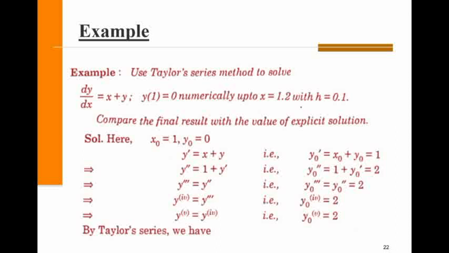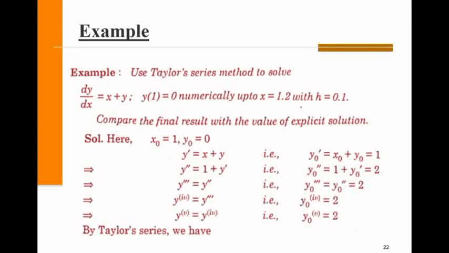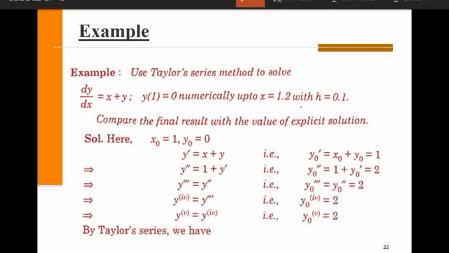So after getting all these derivatives, what we will do? We will find the values of all these. See, this is your x naught and this is your y naught. Now, what is y naught dash? y naught dash is the value of the slope at the point x naught, y naught. So this is your value, right?